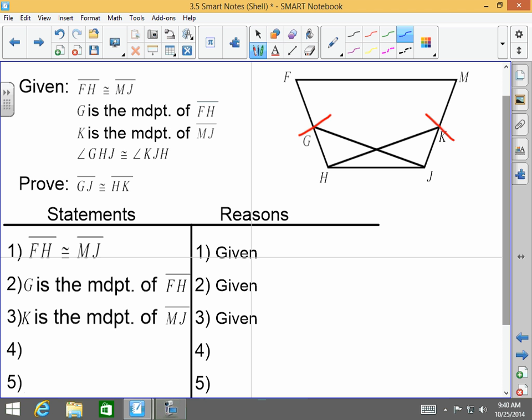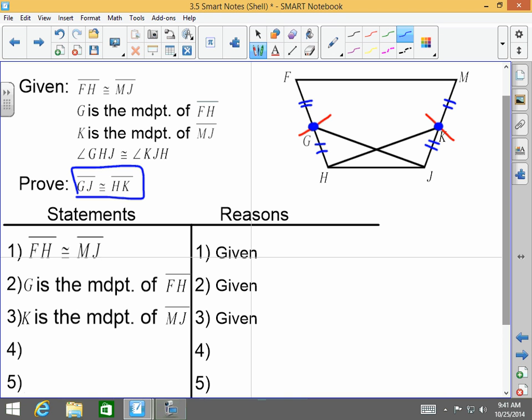The reason I'm still working with the main figure here is because I need the main figure to be able to separate the triangles that I really need to work with to prove that GJ is congruent to HK. So in this case, I know that G is the midpoint of FH, making this guy congruent to this guy, and K is the midpoint of MJ, making this guy congruent to this guy.